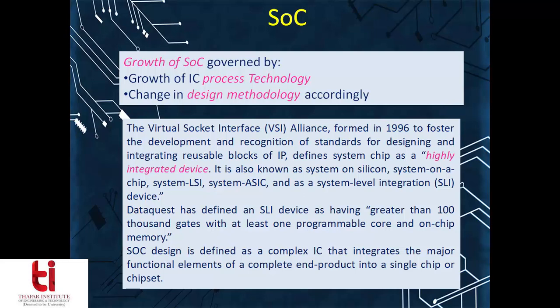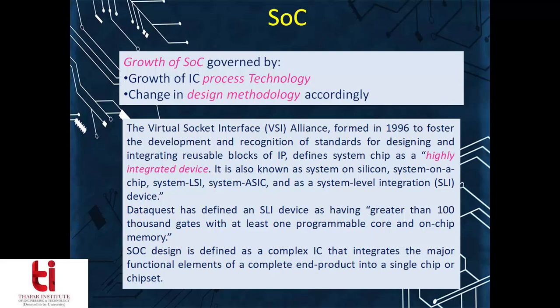So the Virtual Socket Interface Alliance was a group which fostered certain standards for interfacing, and even the communication networks were standardized by this body. As per their definition, the SoC has been defined as a system on chip, or a system LSI, or system ASIC, or a system level integration device.